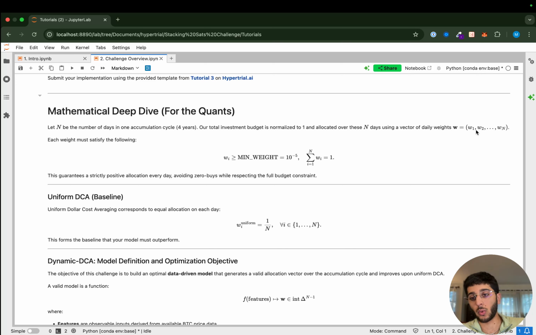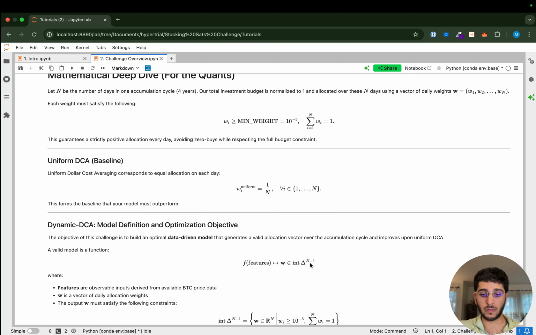So perhaps weight 1 tells me that the desirability is 80, and then weight 2 tells me the desirability is 150 or 160. All that tells us is the relative magnitude, that weight 2 is twice as desirable as weight 1, and that's perfectly fine. But what we have to consider is to get this to be a valid model and to output a result inside the feasible region, we need them to sum up to 1.